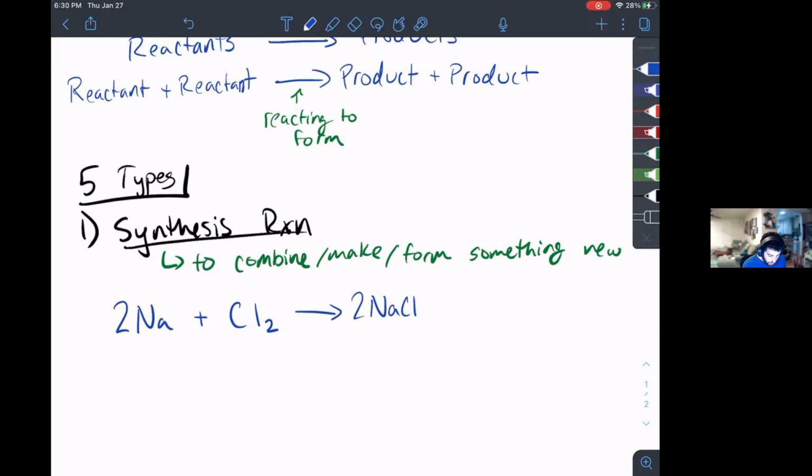So this is our synthesis reaction. Sodium plus chlorine creates NaCl. Another way that we generally think about this, and I'll start doing these first actually, is A plus B turns into AB. And that's kind of just a general nomenclature that we use to represent types of reactions. So that's our synthesis reaction.